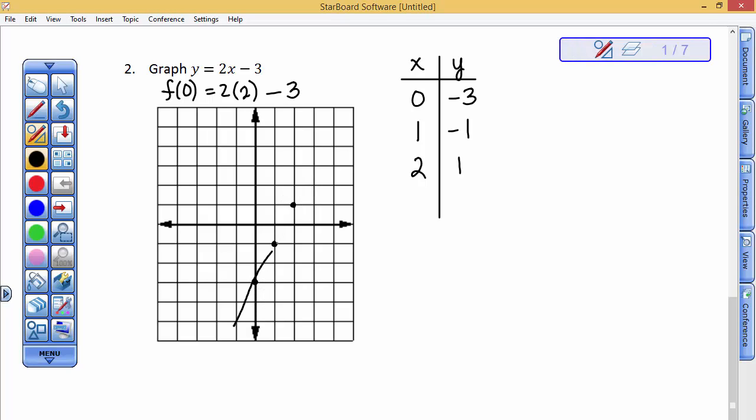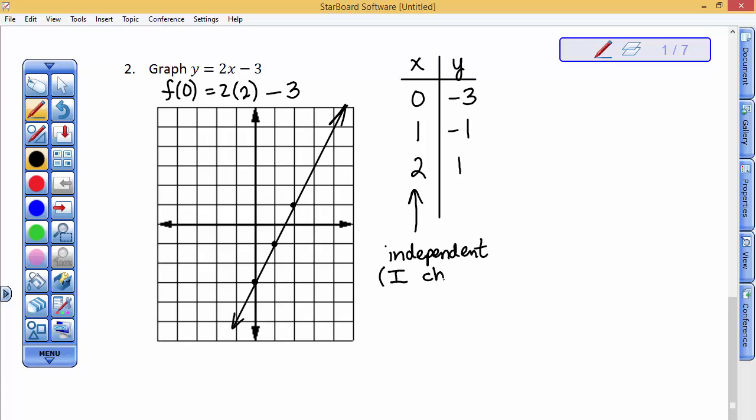And then finally, the values for x, we've been speaking about these. The values for x are the independent variables. Independent means that I get to choose, or you get to choose. We often call that the domain of a function.